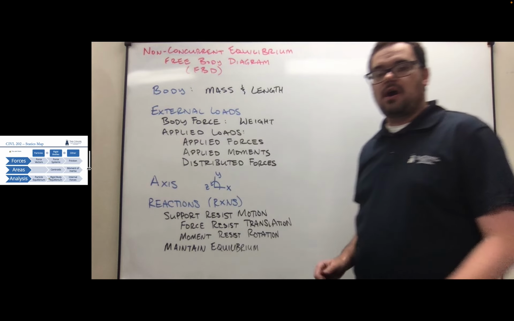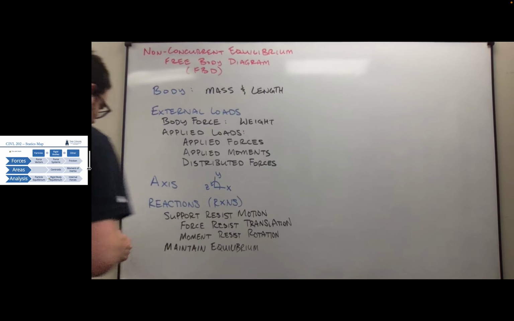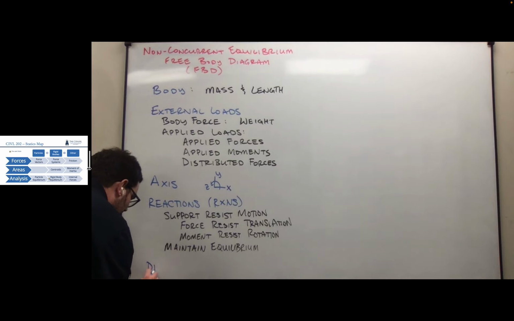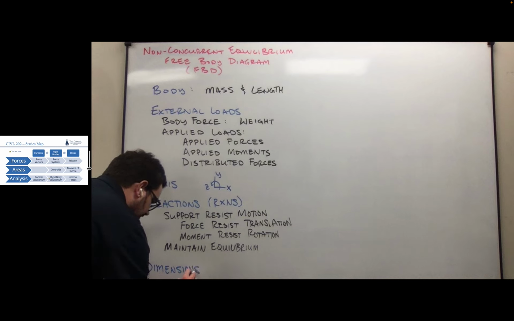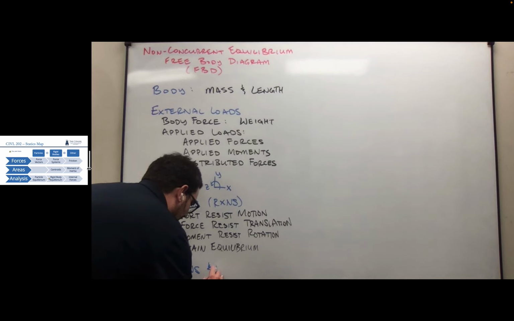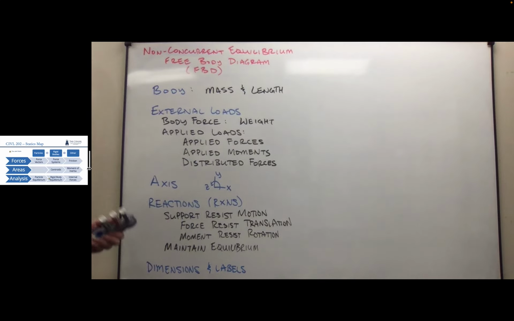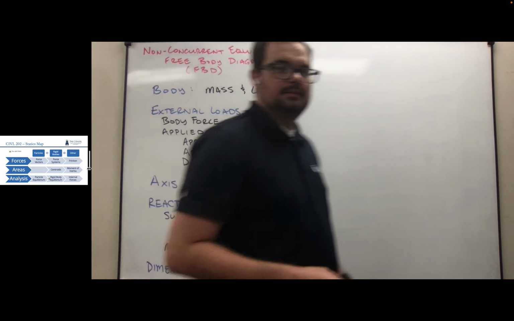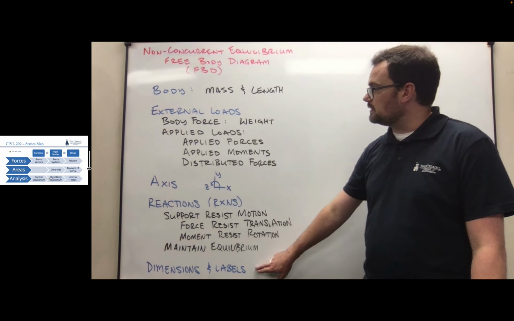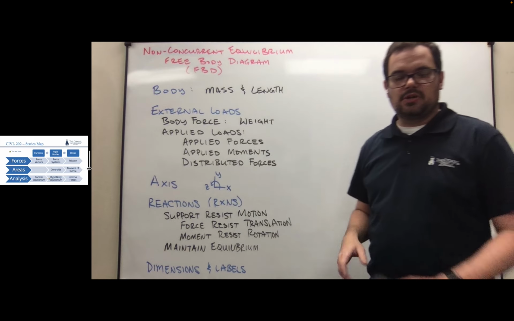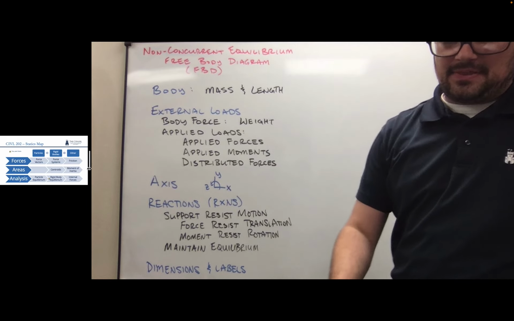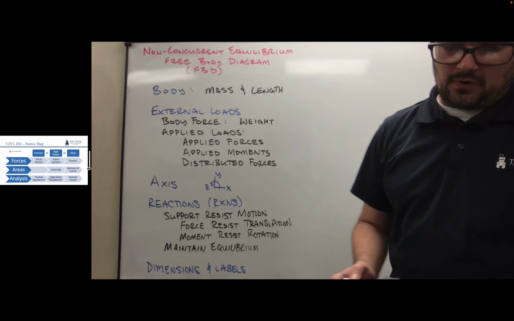Now, just to finish out our BEARD, the last thing we need is a D, which is the dimensions and labels on the system, knowing that both angles and lengths are going to be very important when we're labeling our system, to know what our lengths are, as well as to have everything labeled in terms of our overall system.